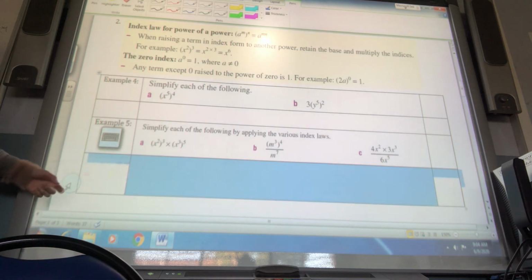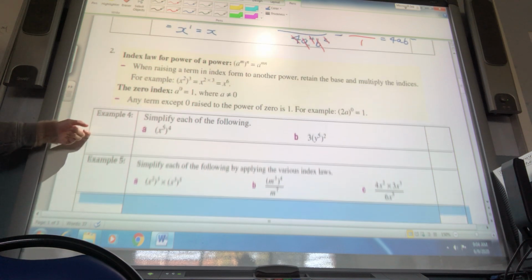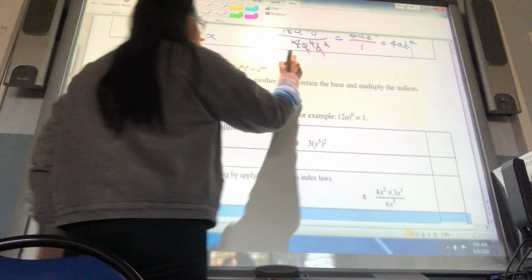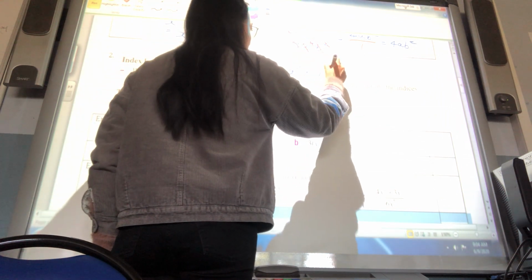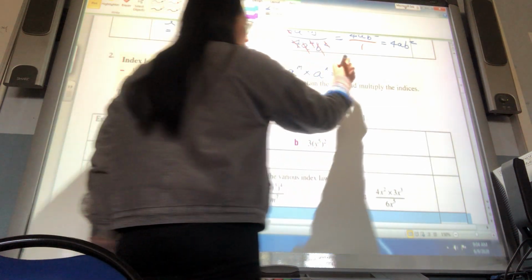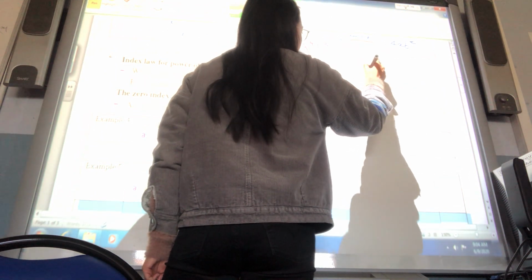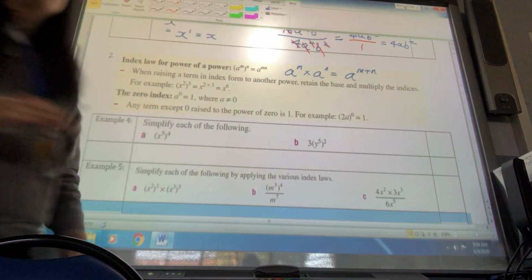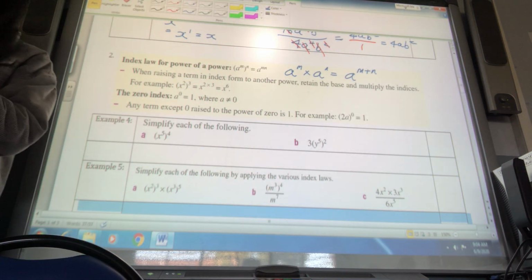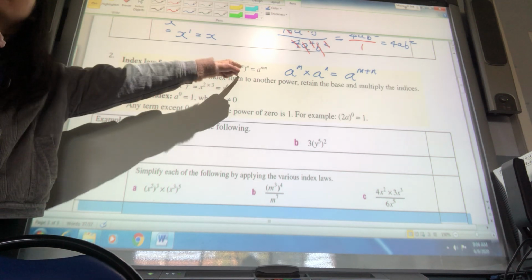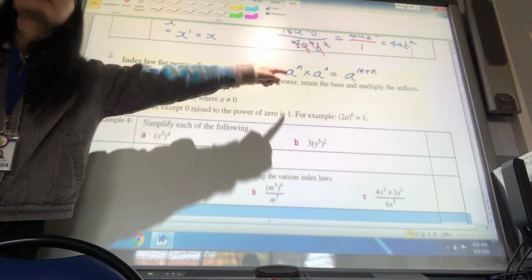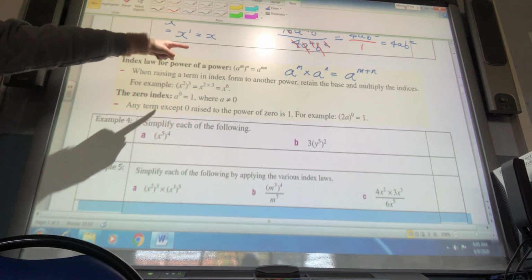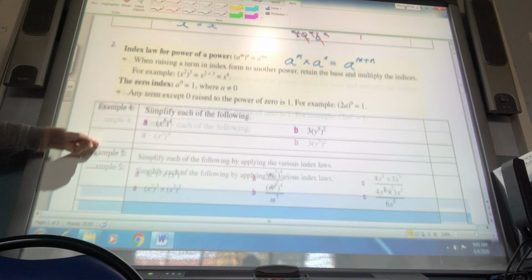You need to really differentiate this from a to the power of m times a to the power of n, because the answer to that one is a to the power of m plus n. But if the whole thing is to the power of n, it means I'm doing a to the power of m, multiplied together n times, instead of just two things. So the power will be a lot bigger.